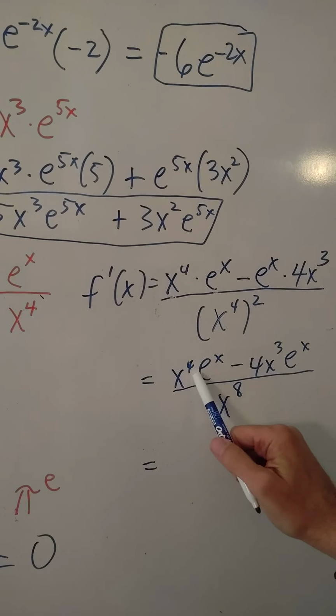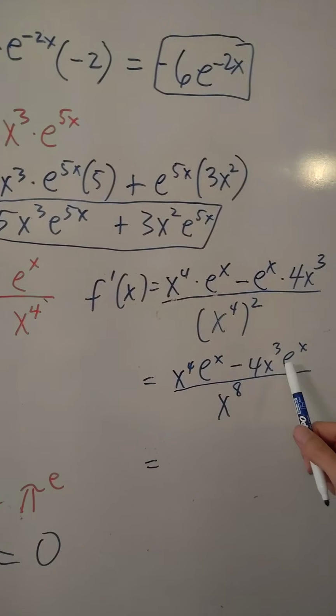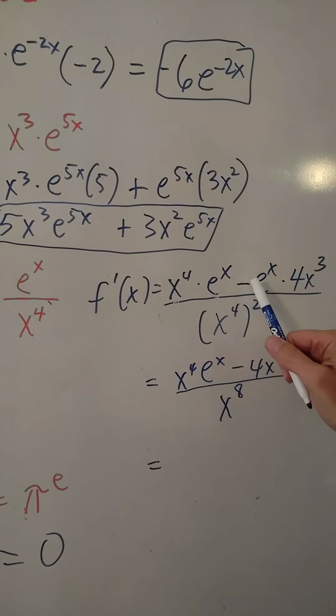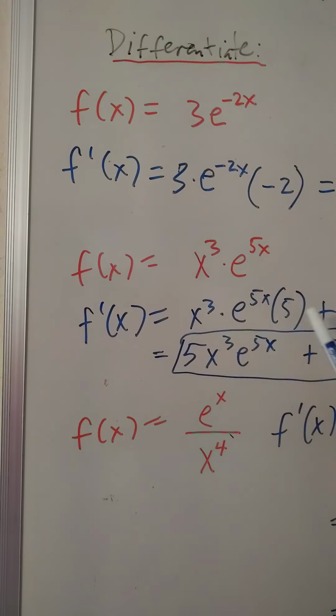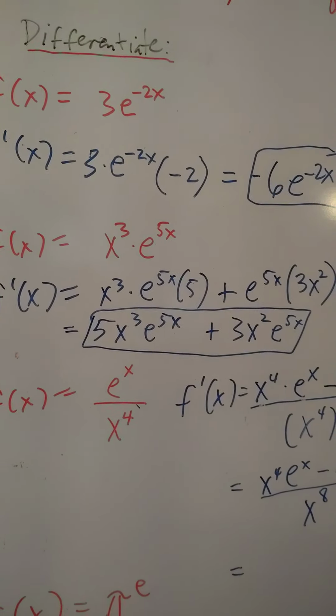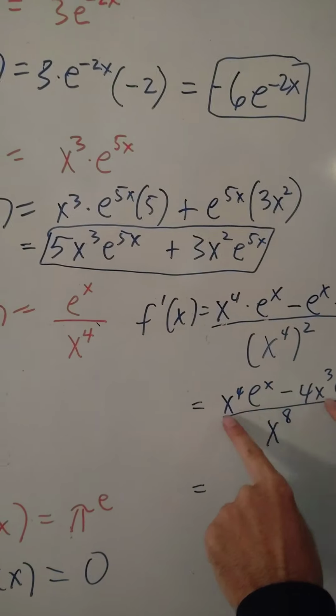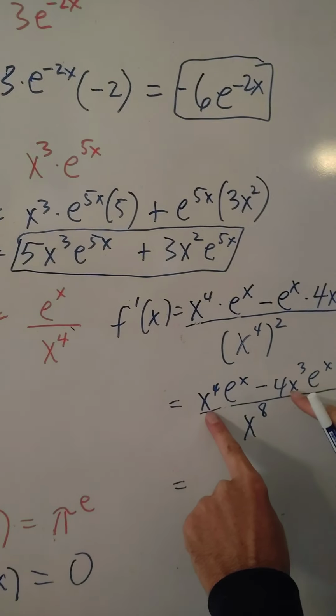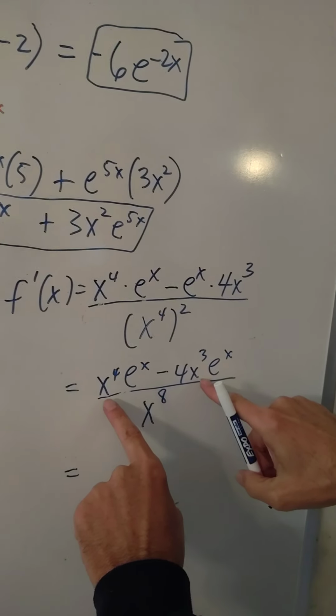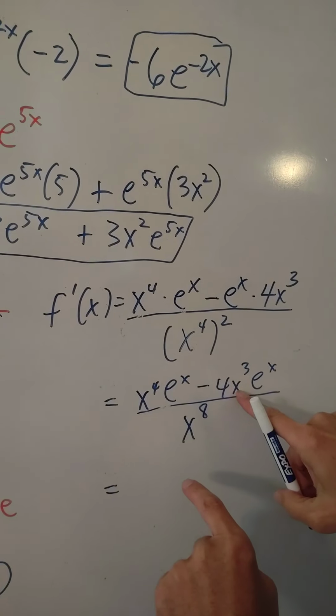So in this numerator, I've got two terms. Notice, by the way, quotient rule has a minus sign, whereas when you do the product rule, you have a plus sign. So try to remember those rules. So what's the GCF of, I only have two terms in the numerator, this term and this term. So I see an x to the 4th, and here I see an x cubed.